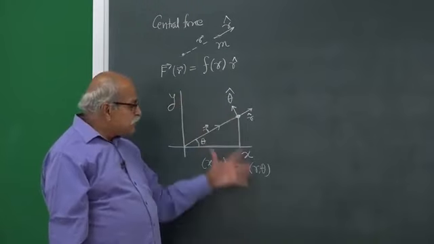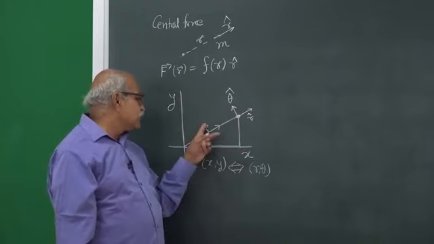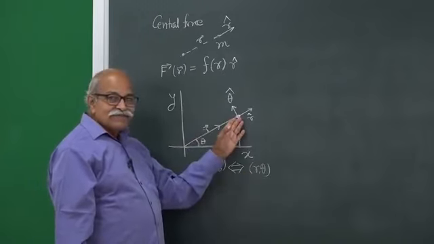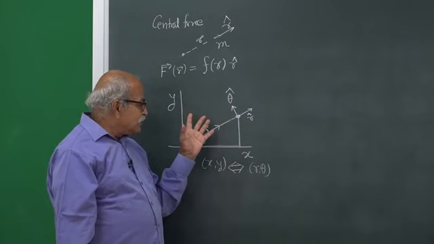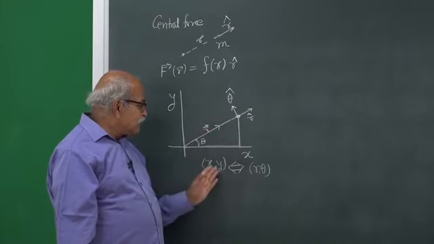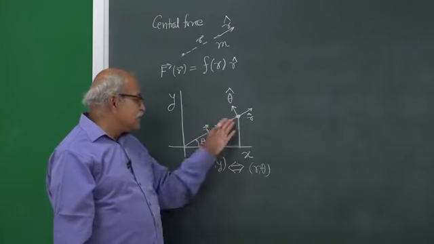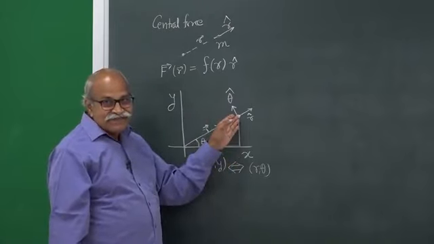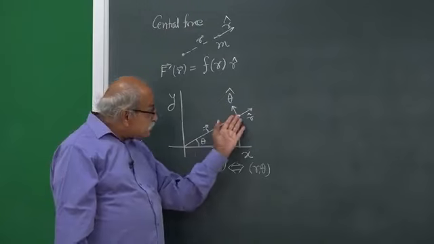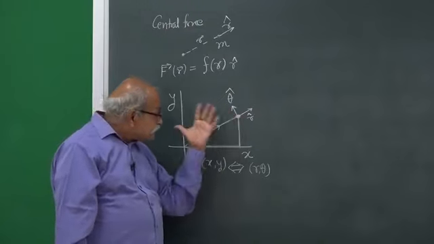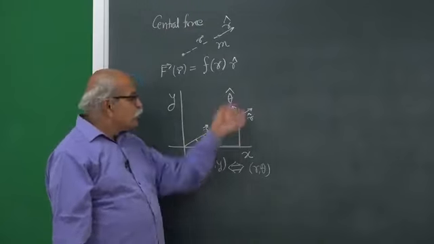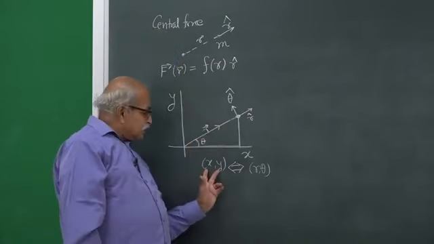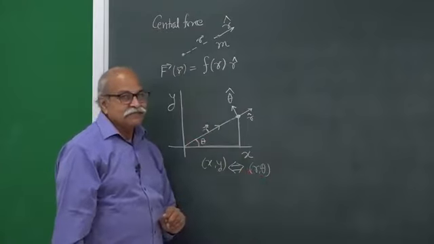If it is in the xy plane, give me r, give me theta, I know where the particle is. If I know that it is in the xy plane, give me x, give me y, I know that here is x, here is y, and this should be the particle. But if it is leaving this xy plane and it moves in 3-dimensional space, z is also there, then neither this is sufficient nor that is sufficient.